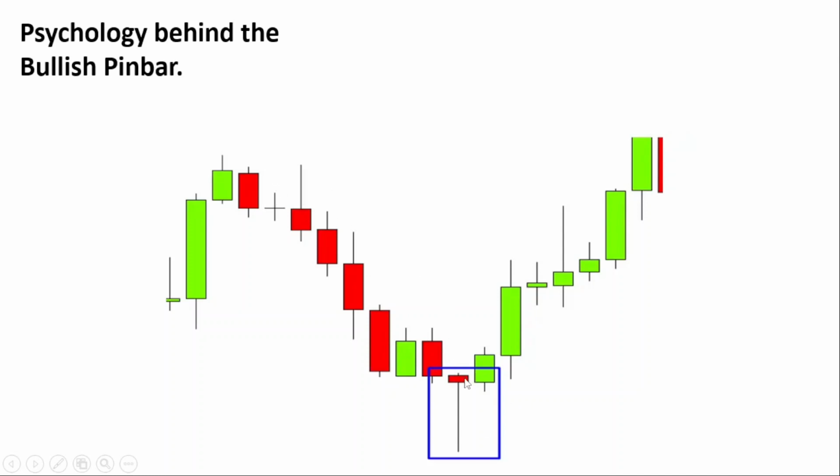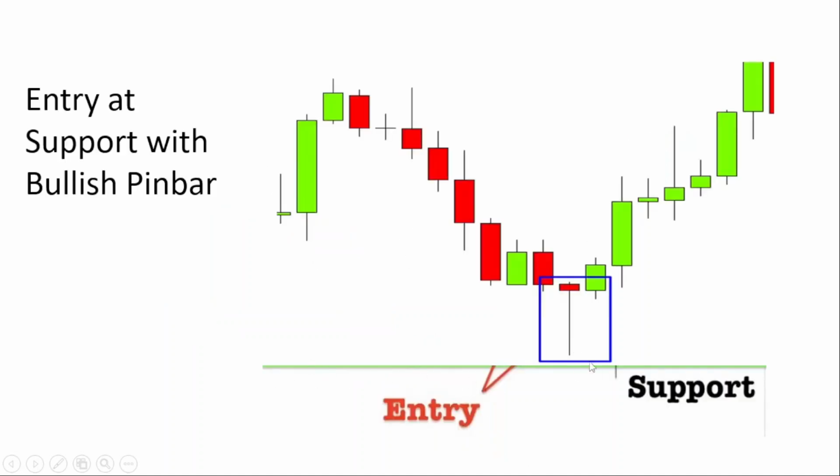Here it tried to cross below the support, which was the support level, and the price opened here and tried to push down, but buyers took part and started pushing the price upward, and following this candle we can see the upward movement here.